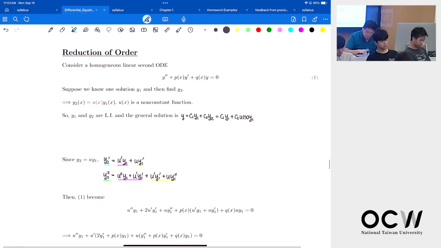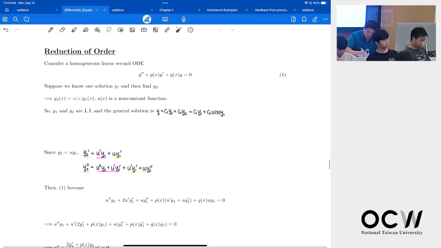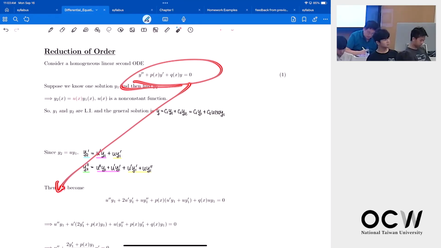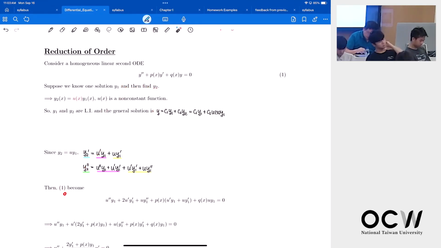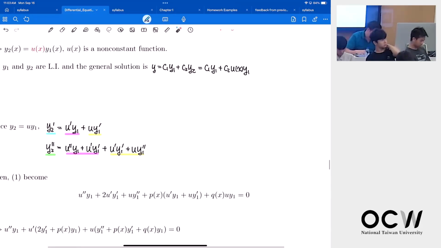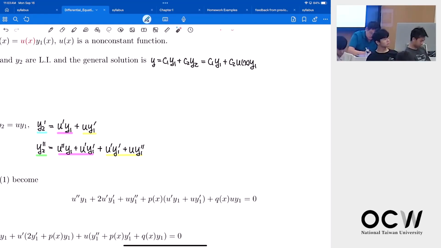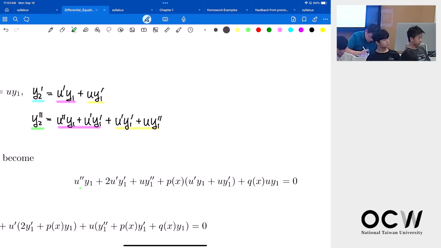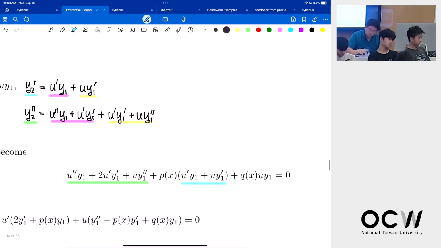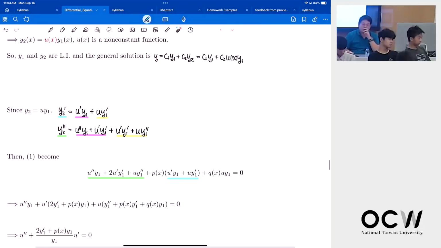Now, since we bring y2 here, equation 1 becomes this, with y2 double prime and y2 prime.